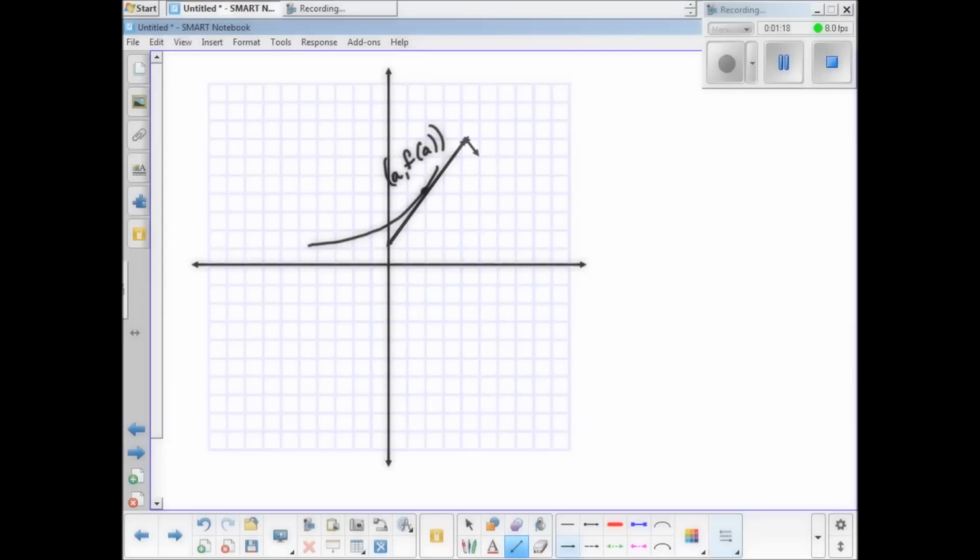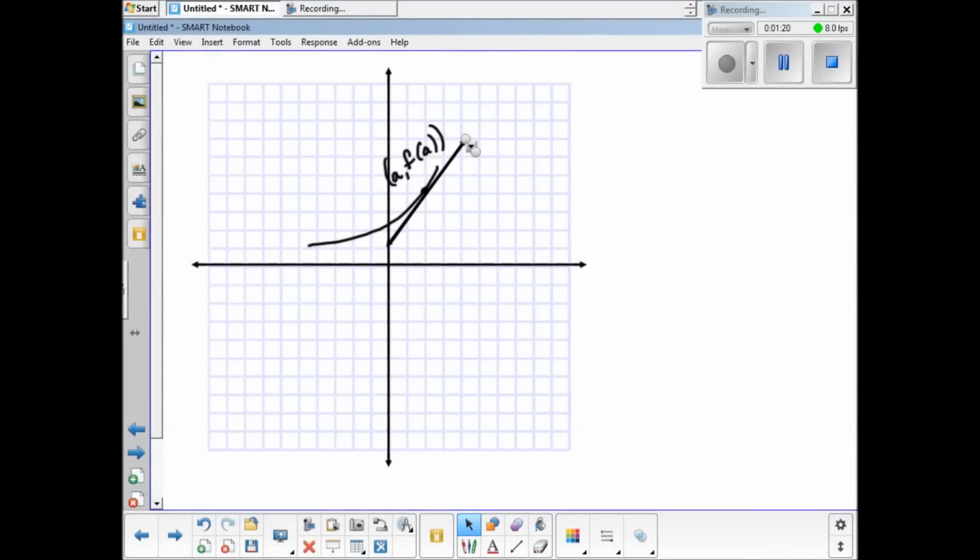Its slope, let's say f prime of a, right? That's what we would label it as, like that.